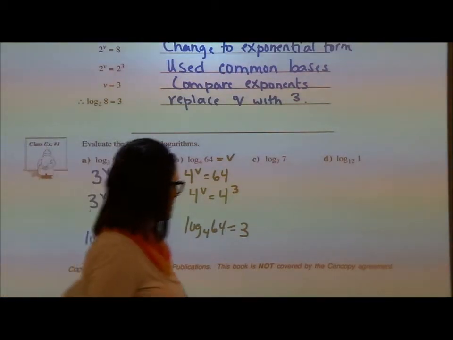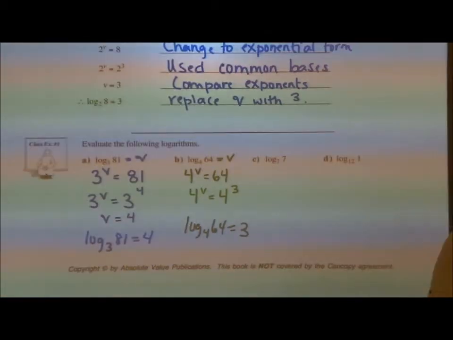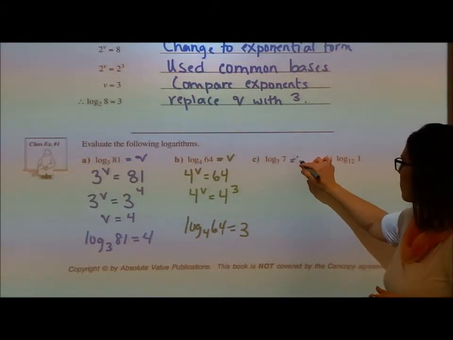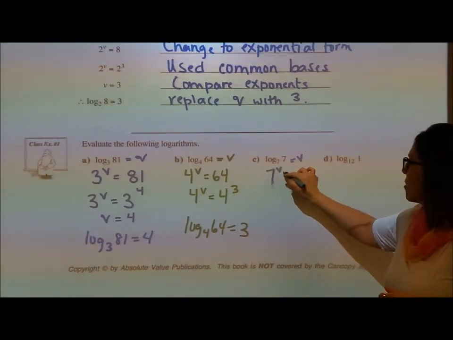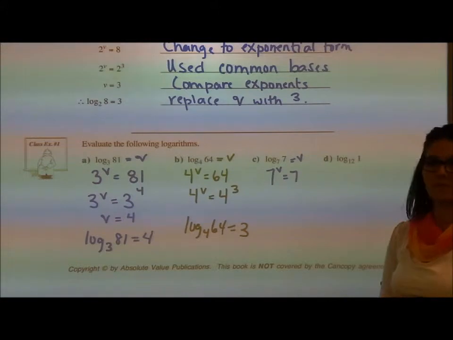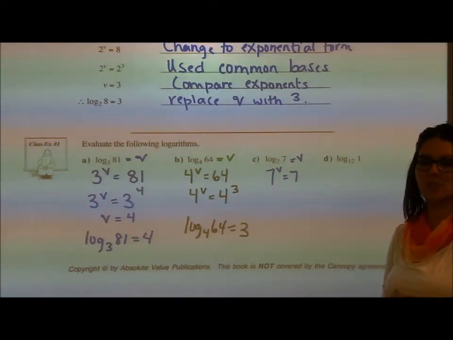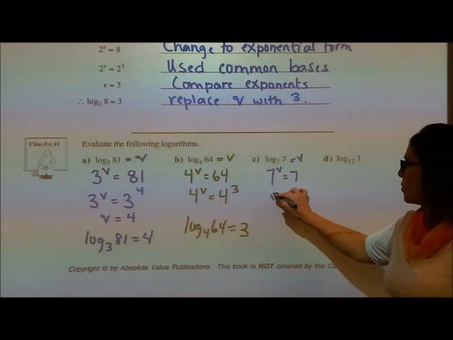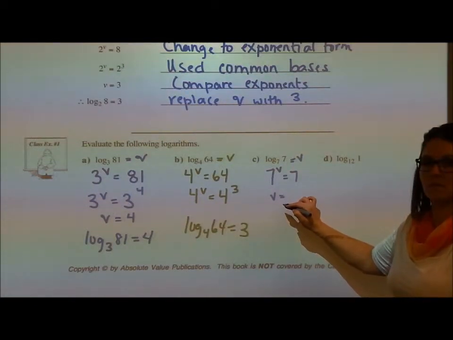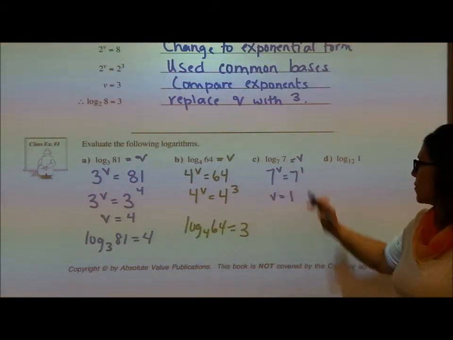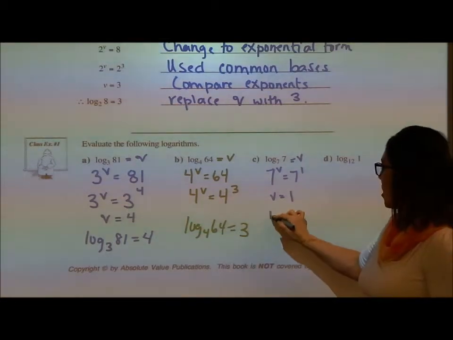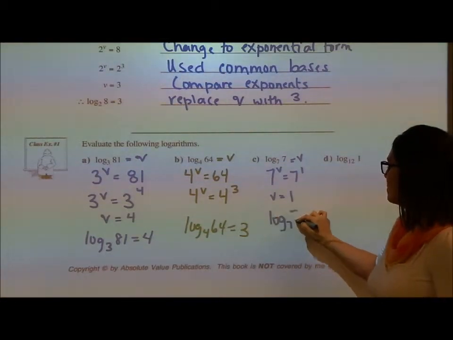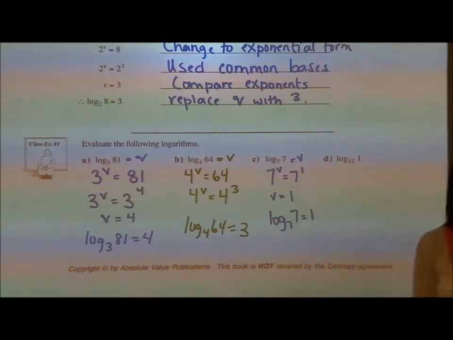And then log base 7 of 7. I get 7 to the power of v equals 7. So it's already written as common bases. What are the exponents going to be? v equals 1, because this would be an exponent of 1. So log base 7 of 7 will equal 1.